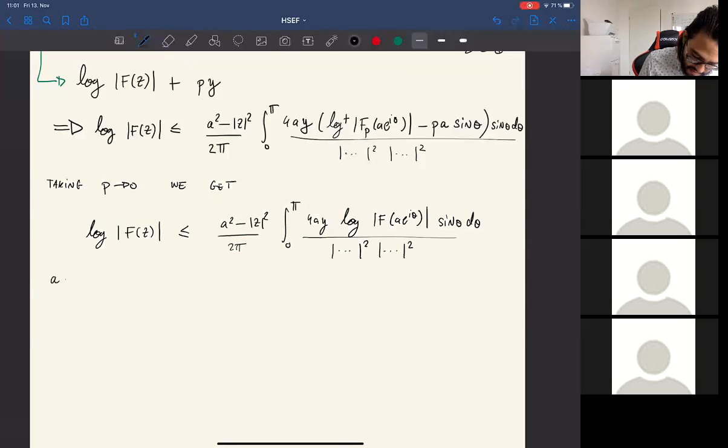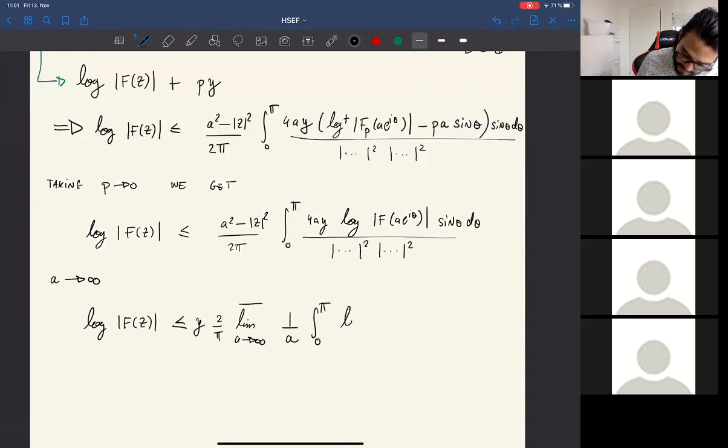So then we take a to infinity, and we conclude that the log of f of z is less or equal than 2 pi, let's say y, and the lim sup when a goes to infinity of 1 over a. Then you remove everything here. And that would be exactly that, okay?